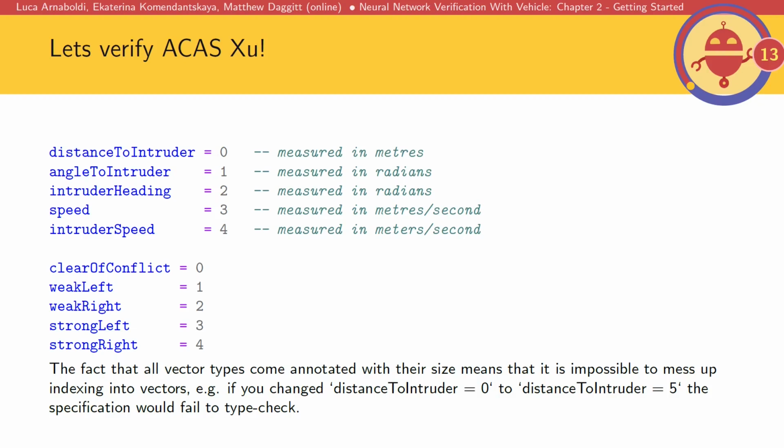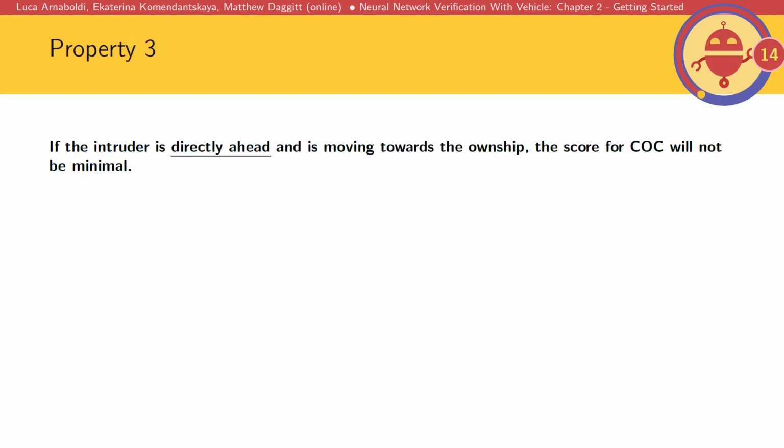One thing to say here, though, is that Vehicle's type checking will keep us right. So if someone ever wanted to write, instead of distance to intruder equals 0, distance to intruder equals 5, it will raise an error message. It will say 5 is out of bounds, because you only have indices from 0 to 4. So this is, again, one of those instances when you might want to have a type system that eliminates silly errors from the code. Okay, so that's our property 3.